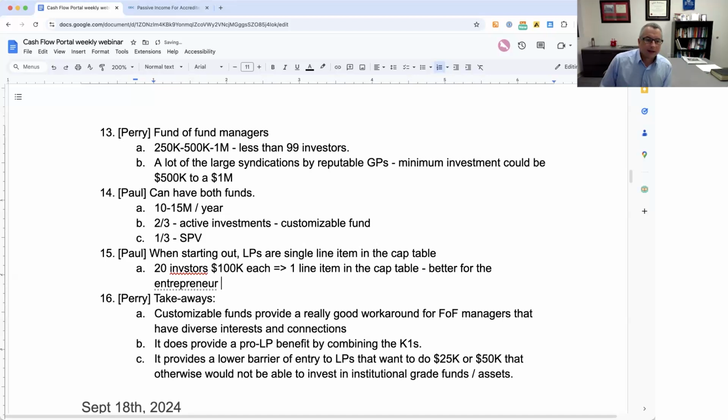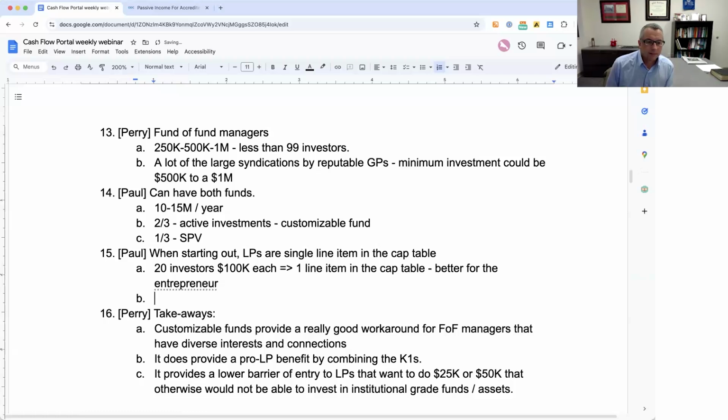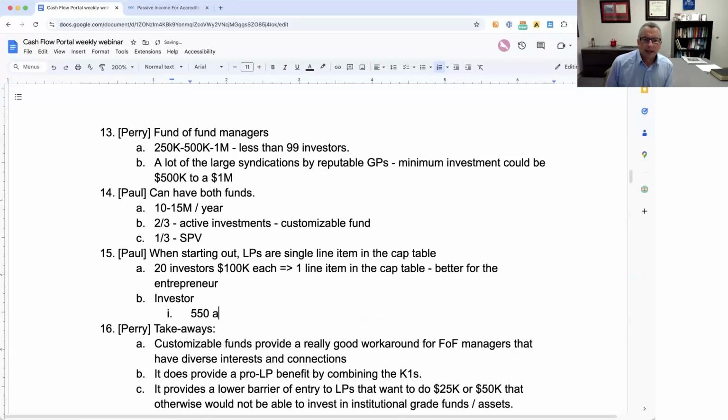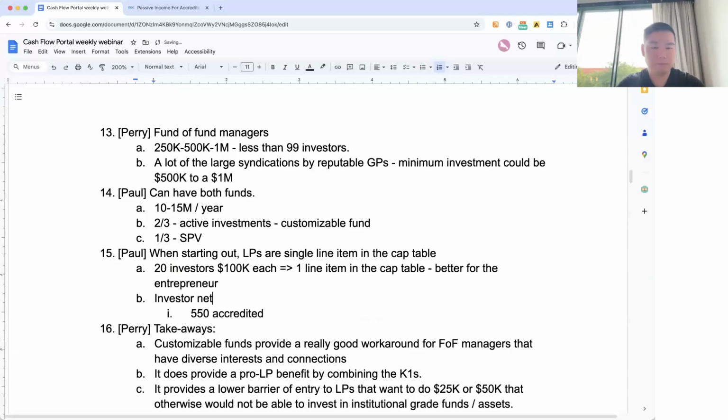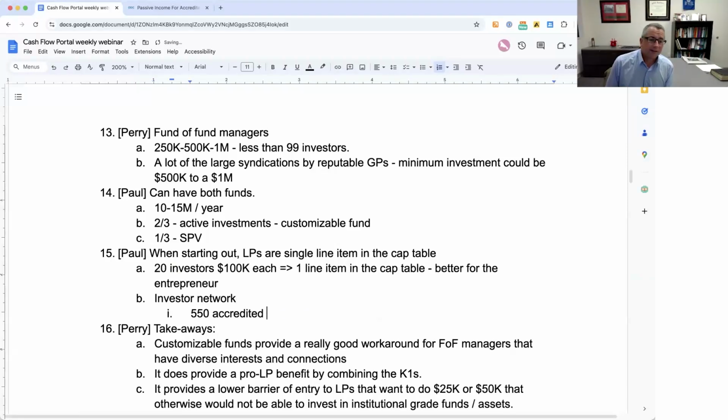But then as the investor network got bigger, we have about 550 accredited investors in our network right now. If everybody decided to participate in one deal, that's 550 line items on your cap table. And if it's your first time doing a property, it's a bit overwhelming. You would much rather just say, I've got one limited partner, and that's made up of a bunch of investors. Since we've grown so much, we no longer do direct investments individually.